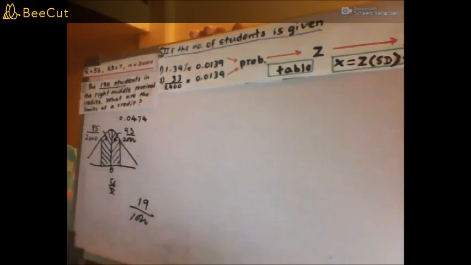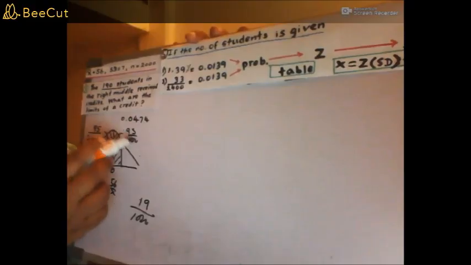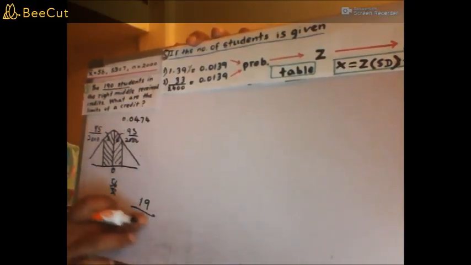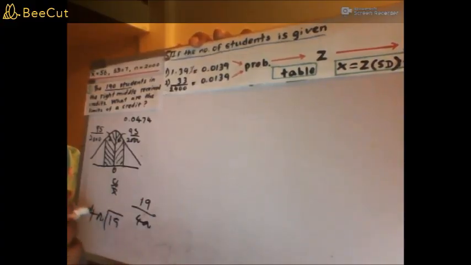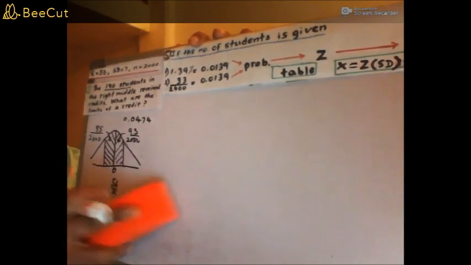Okay, this is 19. Here it should be 400, and 19 divided by 400. Do this and you get the answer as this.